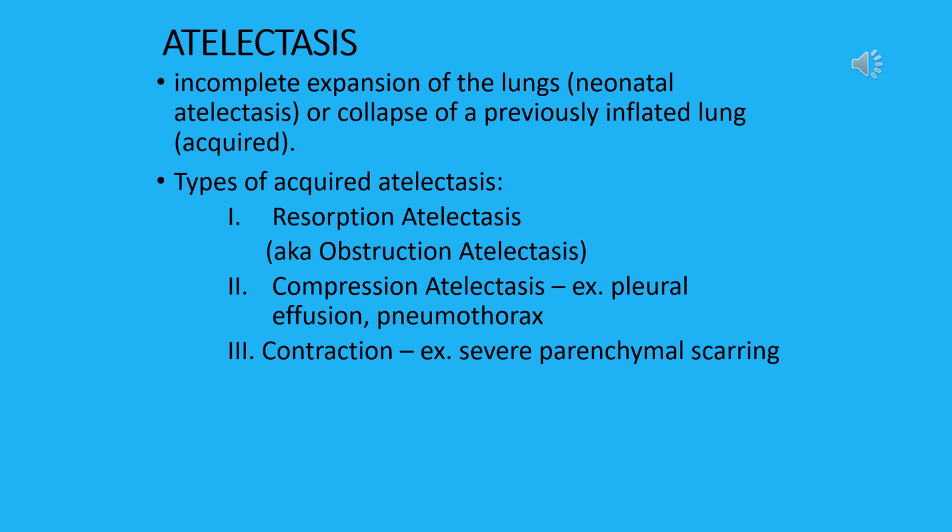With compression atelectasis, the mediastinum will shift away from the affected lung. Third is contraction atelectasis, which occurs with either focal or generalized pulmonary fibrosis, preventing full expansion of the lung parenchyma.